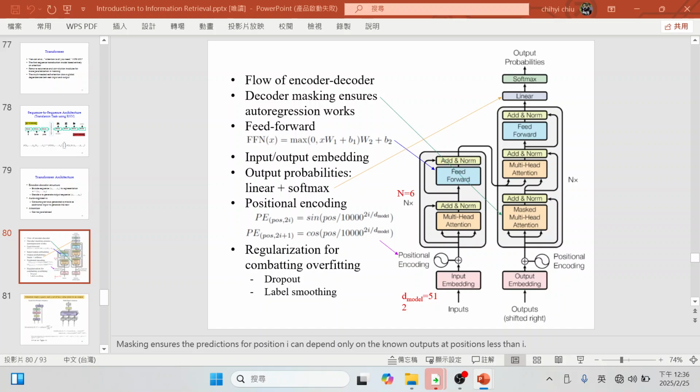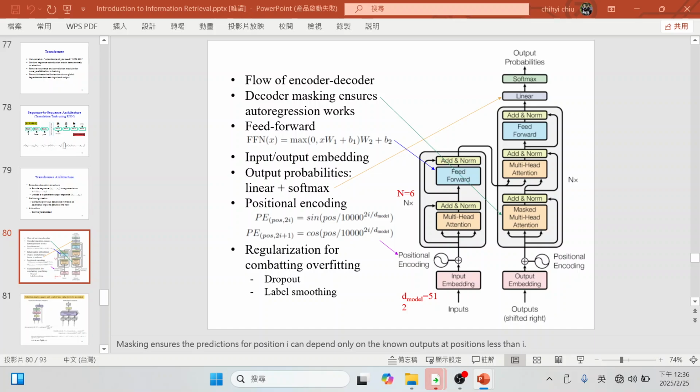So in the output, I already know the correct answer. During the training, I know the ground truth. So I apply the same idea again. Here, this is the query, and here is your key. I use it to do the self-attention here.